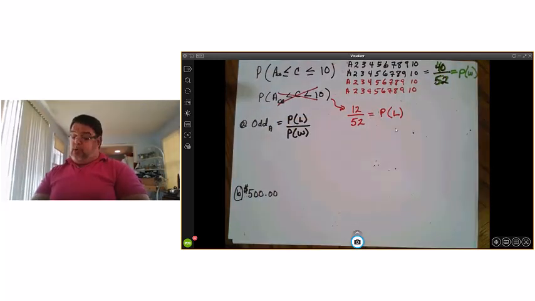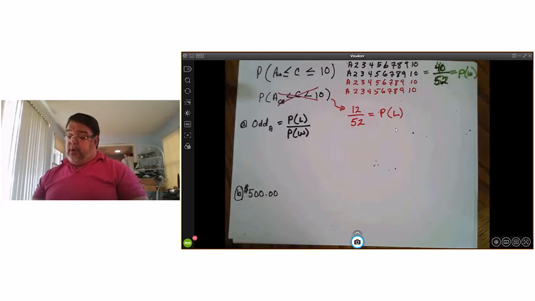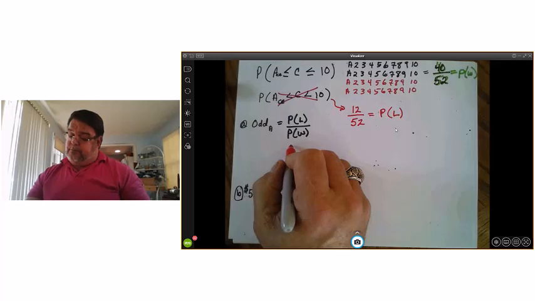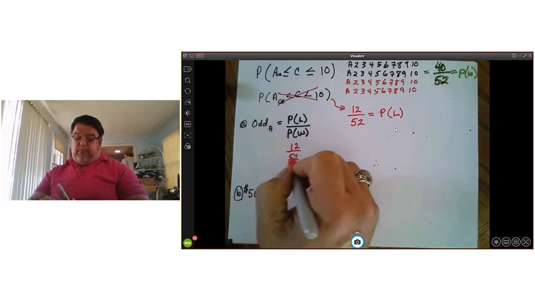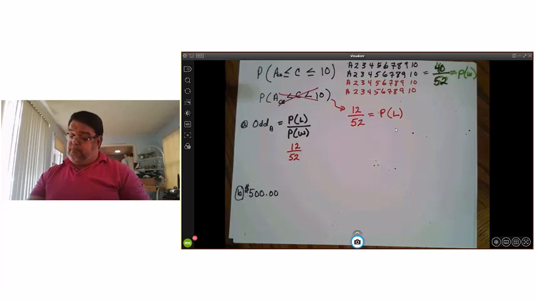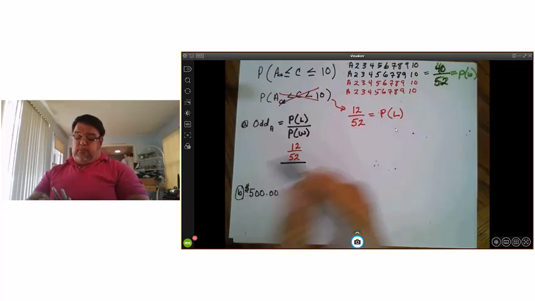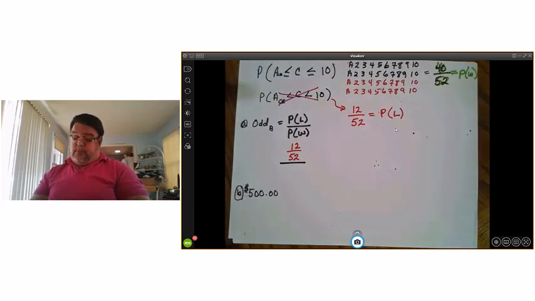So that's going to equal 12 over 52, over 40 over 52.